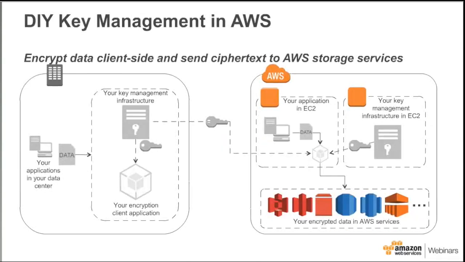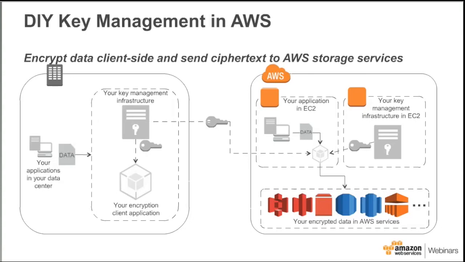And finally, there's a do-it-yourself model. So if you have the ability to manage your own keys, supply keys to your own applications, write your own code that does crypto processing, you can run that code on premises, you can run it inside EC2. You will control all the encryption and decryption before you submit data to an AWS service.